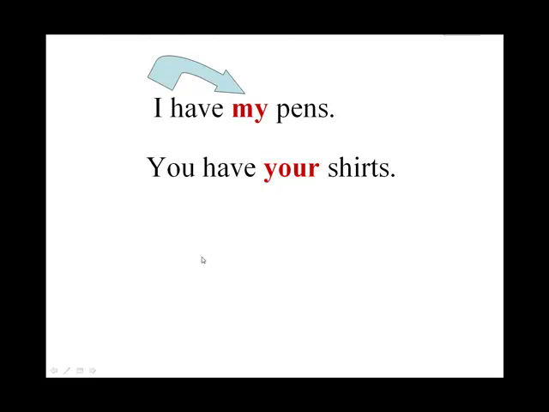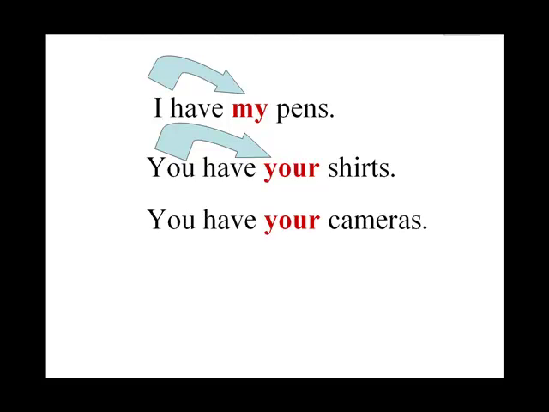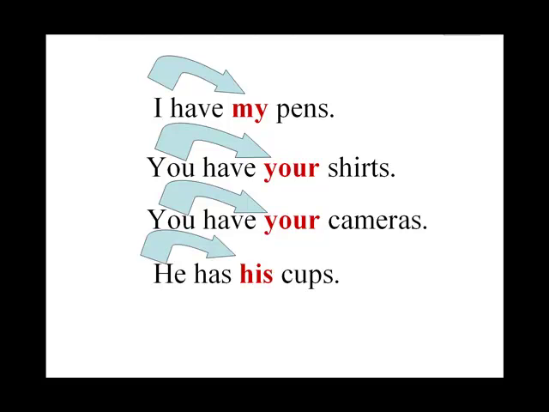You have your shirts. Your here refers back to you. Second person singular. You have your cameras. The same. Your refers back to you. He has his cups. His refers back to he, third person singular. And she has her blouses. Her refers back to she.